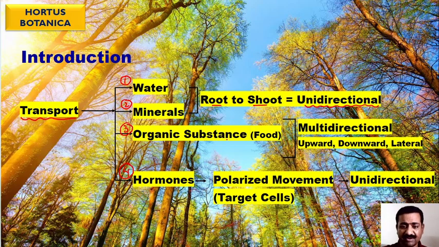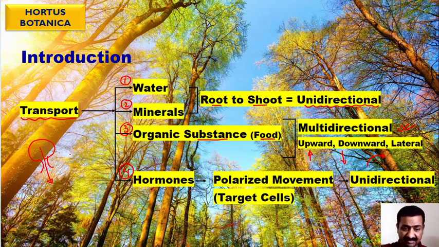But when you are talking about the organic food, it may move in an upward direction, or a downward direction, or a lateral direction. That's why we say its movement is multi-directional. See, if you have a plant with the crown up top, food is synthesized at the top, so it will go down.